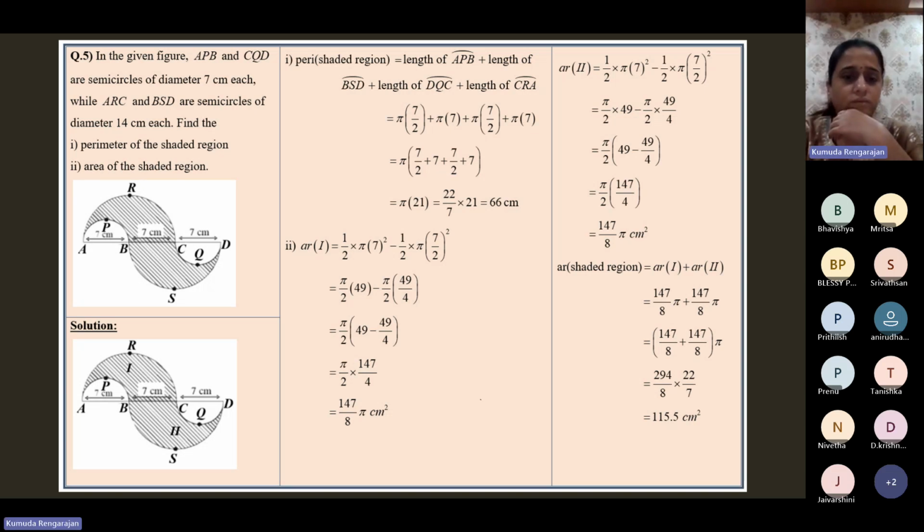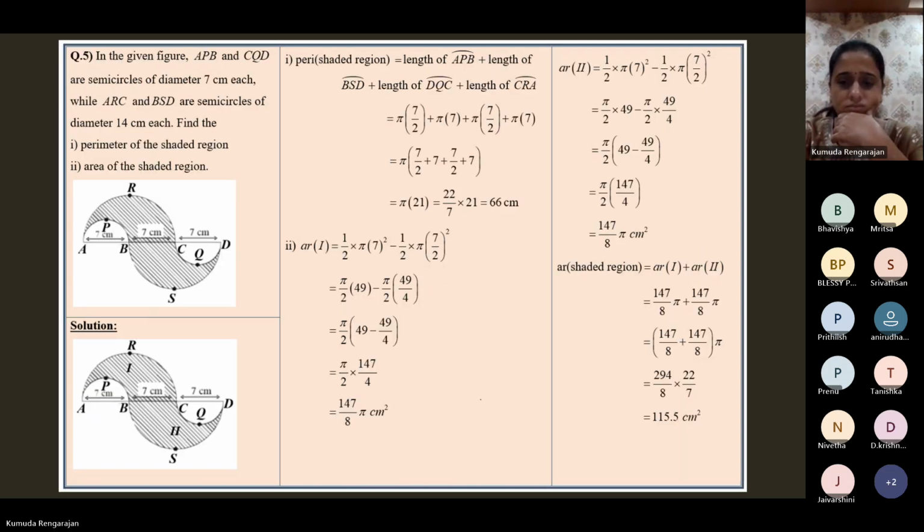Okay, then area of 1, 2, and together. Yeah, what is this one? Was the answer here meaningful, children? It was related to the question, right? This answer?